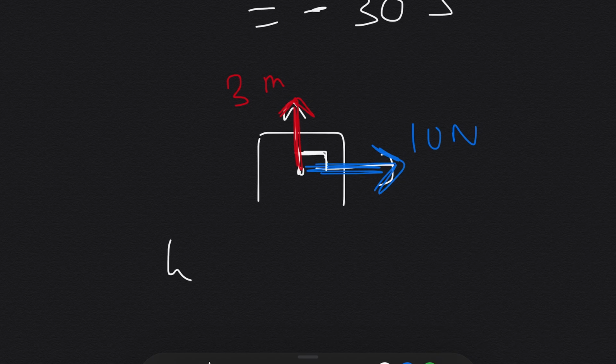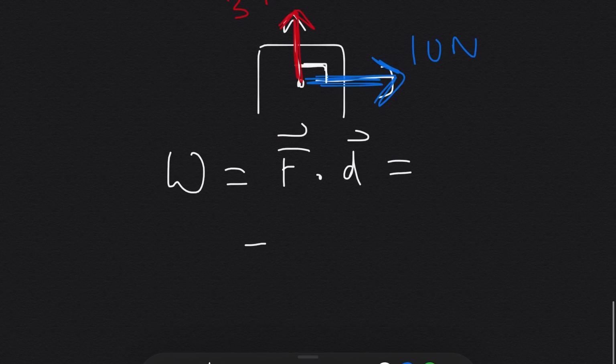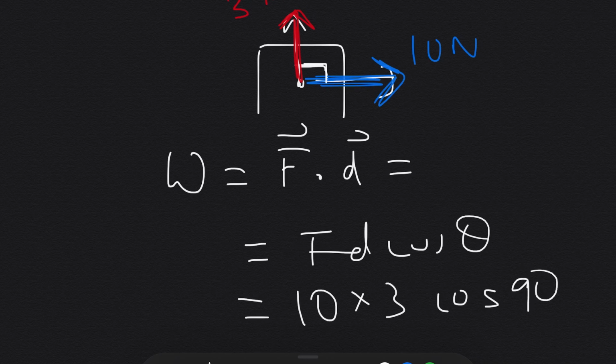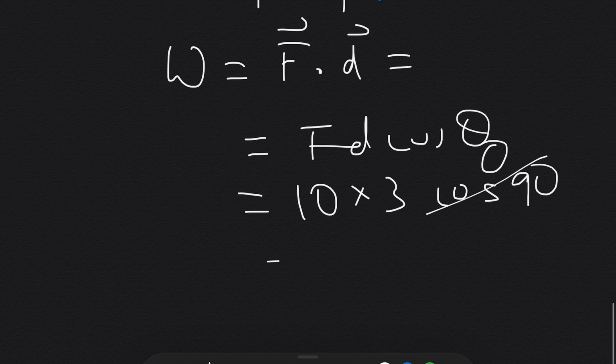If there's a 90-degree angle between the 2 of them, then F dotted with D is, again, FD cosine theta, and the angle theta is 90 degrees, so that becomes 10 times 3 times cosine of 90, which, if you know your tables right, is 0, so the answer is 0.